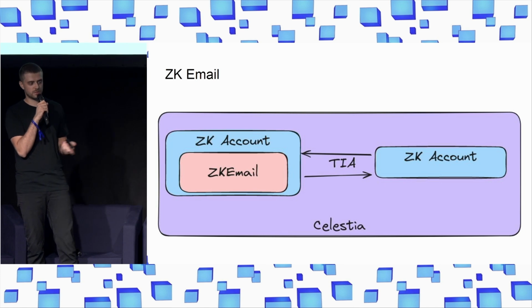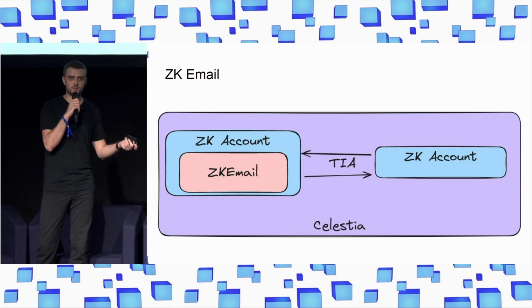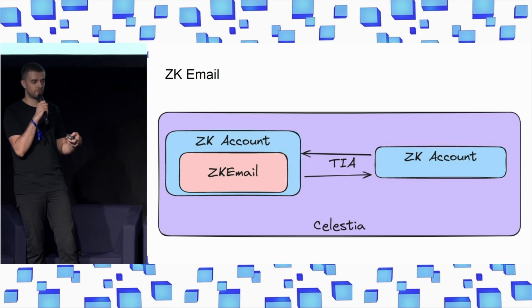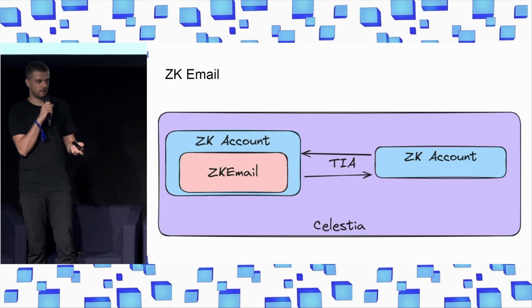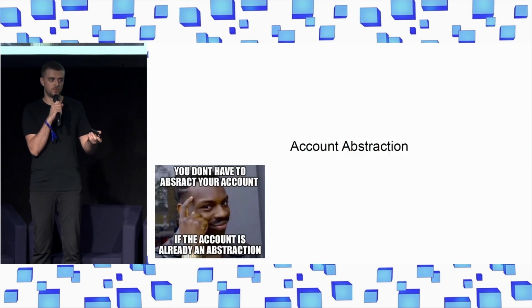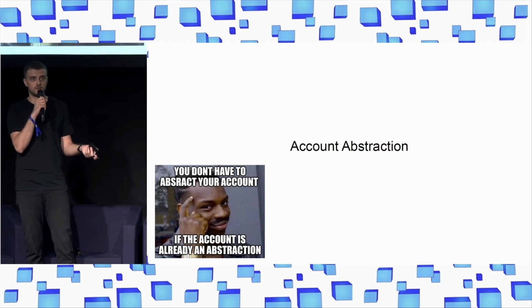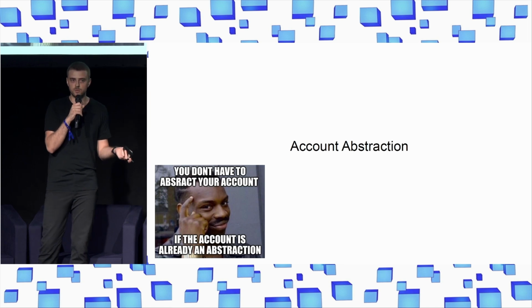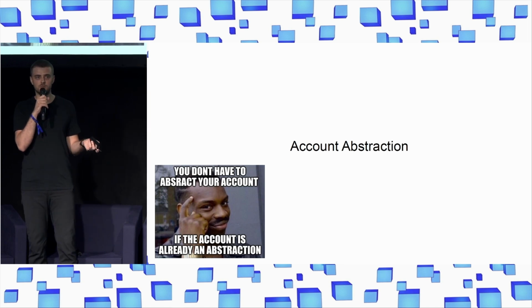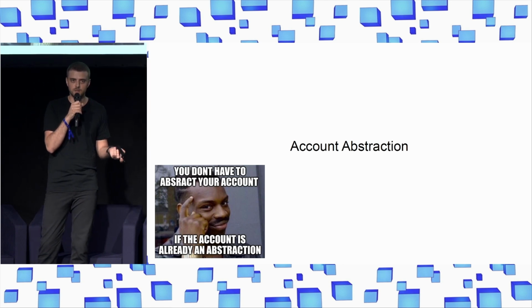Or use the presentation before, and if I am allowed to open a website, this gives me the proof that I have some, let's say, proof of ownership. But you can go a step further and think, oh wait, ZK account is an abstraction over an account. So ZK accounts are also account abstraction, right?